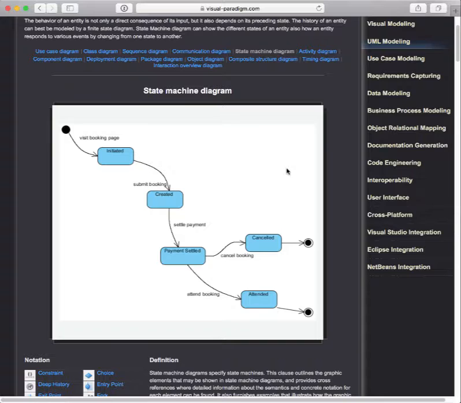Now, it's interesting to think about that because we've done a number of diagrams so far, most notably the activity diagram, in which we have been showing actions. And although we've not been documenting the states, a lot of times the state that the entity is in is sort of implicit in the activity diagram.